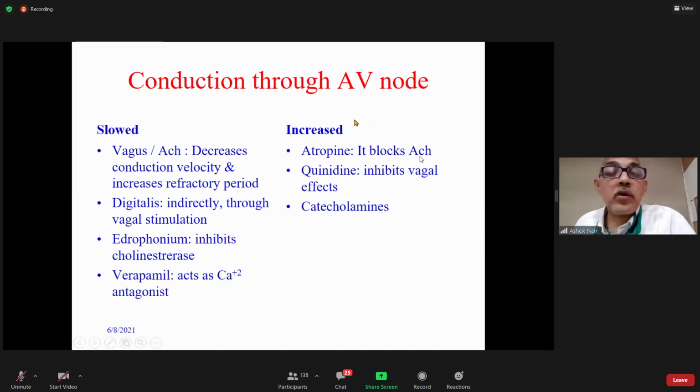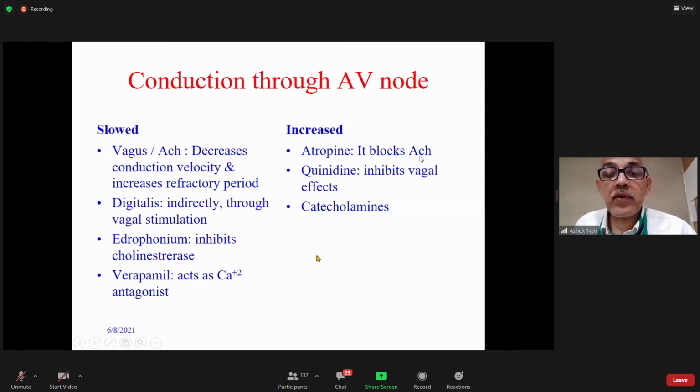Conduction through the AV node, you need to remember this fact here because there are certain abnormalities you will see later on in ECG, which we call conduction defects. We'll talk about it later. Conduction is slowed by the vagus nerve, which decreases conduction velocity.